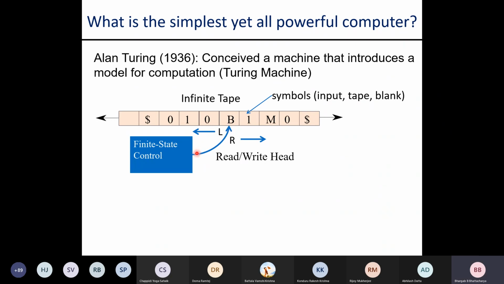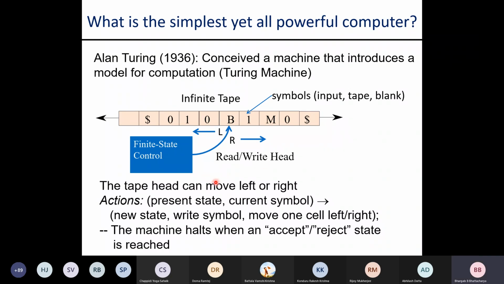At an instant of time, it settles on a particular cell, so it can read whatever symbol is there. If necessary, it can move one cell to the left or right, and it can write some symbols from the defined alphabet. So that's all, nothing else you need.